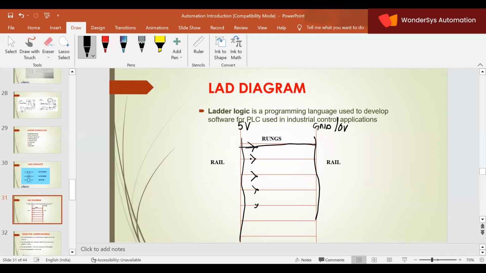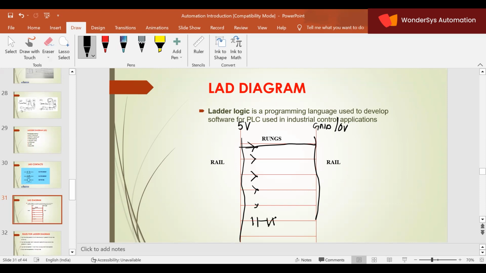We'll be connecting switches, NC and NO contacts, output coils, timers, counters, motors, whatever we can think of, in the rungs, either in series connection or in parallel connection.